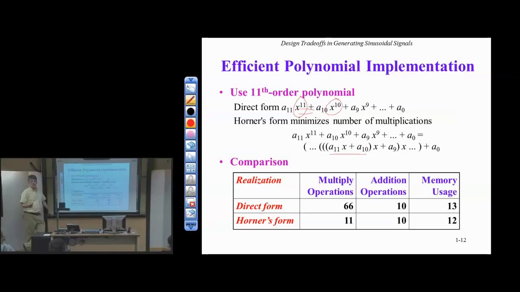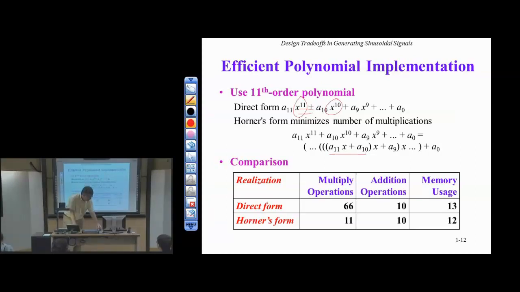Okay, so it's a win-win to go Horner's form. Savings in calculations, better numerical accuracy. So in terms of a signal quality versus implementation complexity argument, this would be a way to go. Horner's form is a win-win. You improve quality, you reduce implementation complexity at the same time. Doesn't happen very often to do both at the same time.